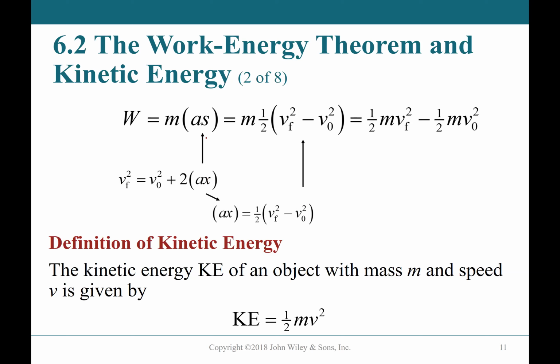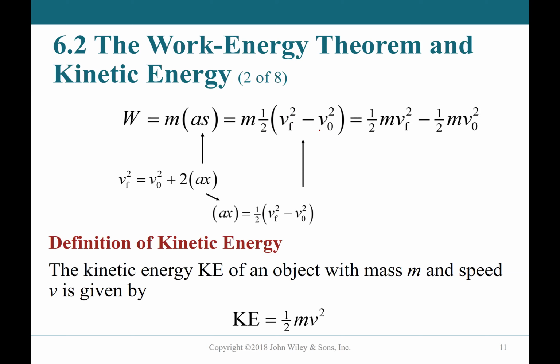In this chapter, we're calling x s, because when you think about x, you think about displacement, and this s, since it's going to be a scalar, is really just the distance. So when I plug this in here, 1/2 v final squared minus v initial squared, and multiply it by m, I am simply distributing this across what's in parentheses.